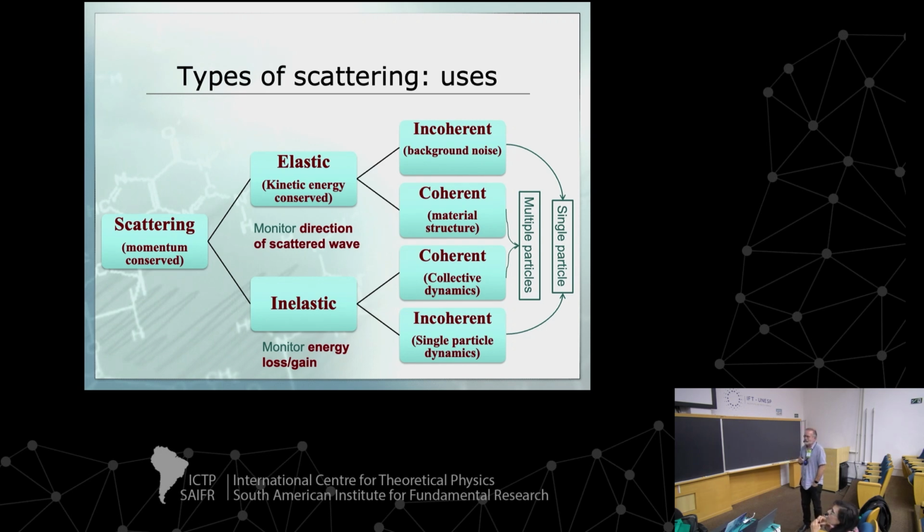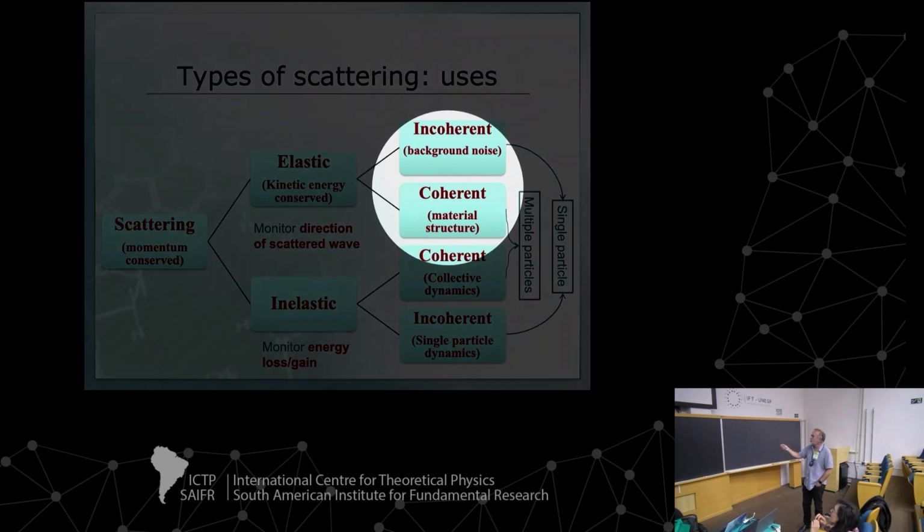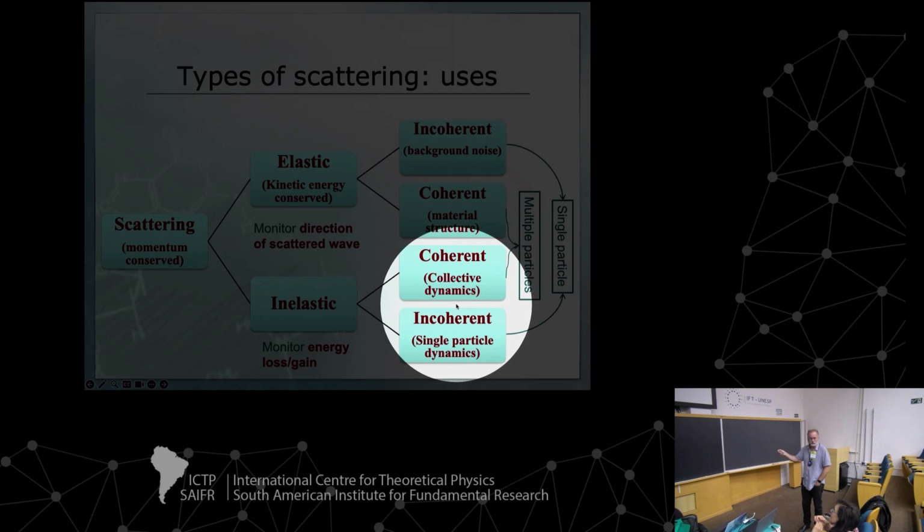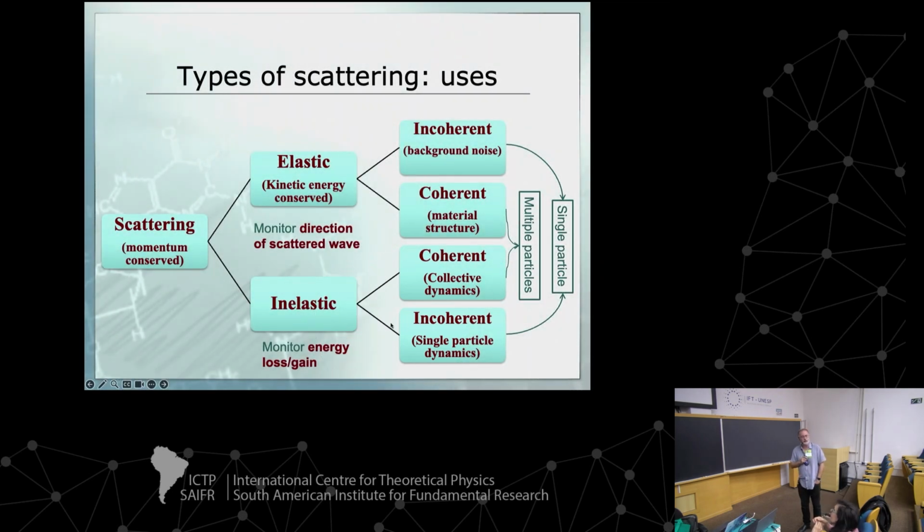Now, for inelastic scattering, sometimes it's a blessing. In the case that you do inelastic scattering, it's very important because with the coherent part, what you get is the collective dynamics. So you can get a measure of how you have collective modes. For instance, you can have phonons or you can have plasmons.